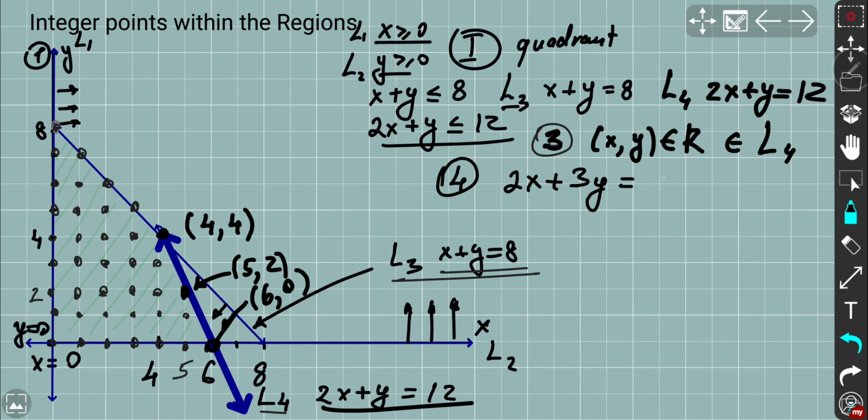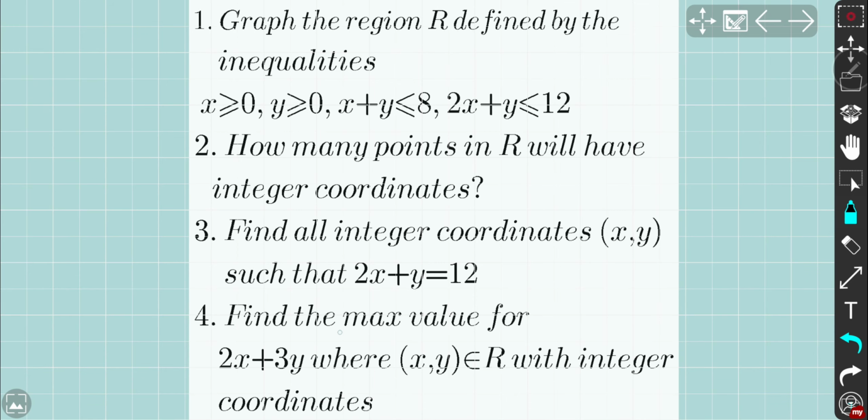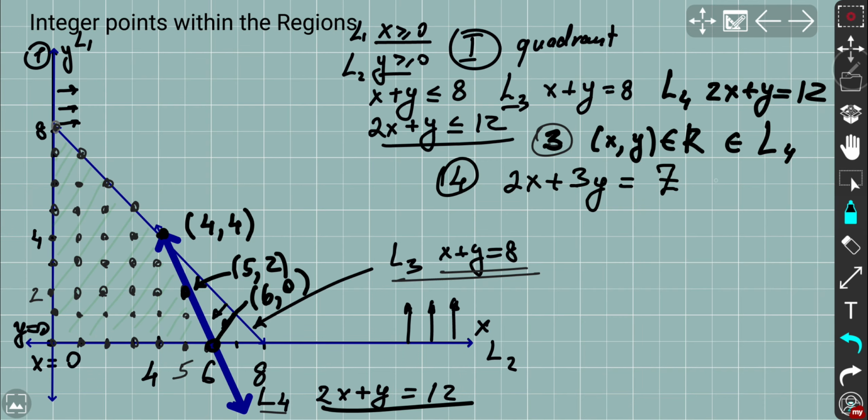So basically we can say that this expression is equal to, let's say, z. This is an objective function that we are going to optimize. What does optimize mean? We might look for the maximum or minimum value. In this case, we need to find the max value, so we're going to maximize that and find the maximum value of z, 2x plus 3y.